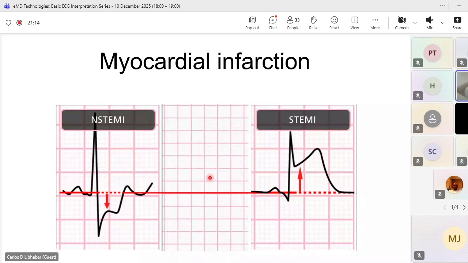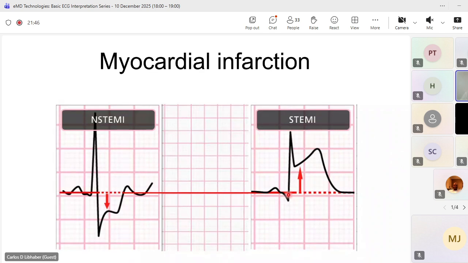Now let's see what a myocardial infarction looks like. Myocardial infarction has two definitions. You can have myocardial infarction with STEMI, ST elevation myocardial infarction.